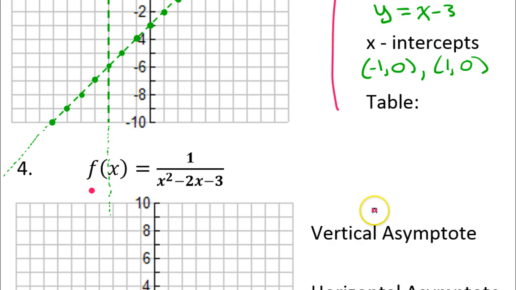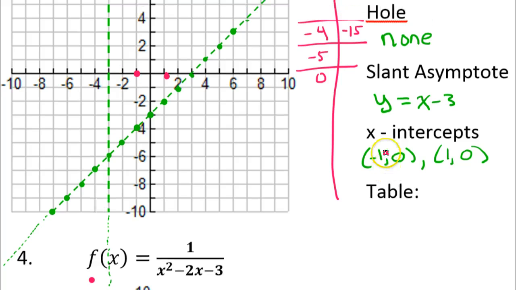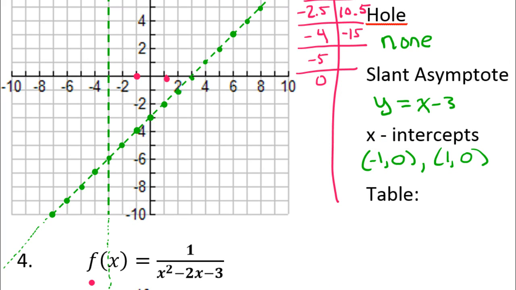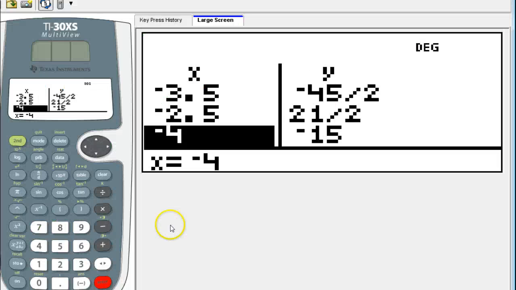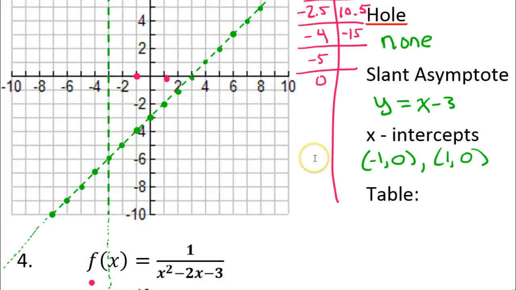Let's see, what else did I have? How about negative 5? I really would like to have 3 points over here, but I'm having some trouble. At negative 5, I'm at negative 12, so that's a little bit better. Negative 12 would be about here.